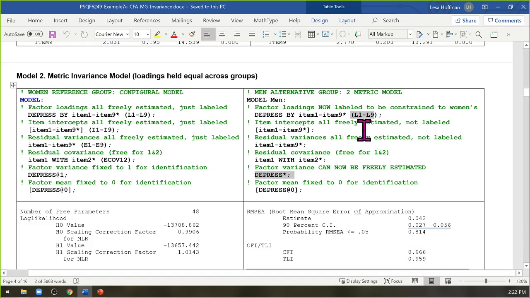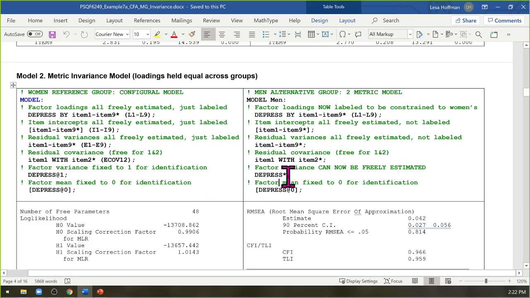And so because we constrain the loadings to be the same, we have to free the factor variance in the alternative group. So I'm putting a star there on the factor variance to free it, as opposed to the factor variance being fixed at 1. So now the two groups are sharing identification with respect to the loadings and variance. They are on the same scale with respect to their factor variability.